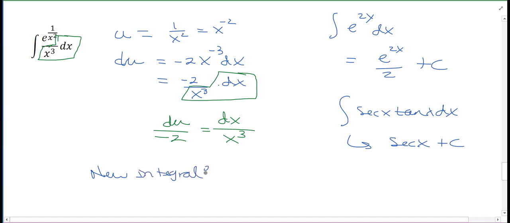Once you start substituting, it's going to be the integral of e to the 1 over x squared, so e to the u, right? We let u be 1 over x squared, times dx over x to the 3rd. Dx over x to the 3rd, we said, is du over negative 2.